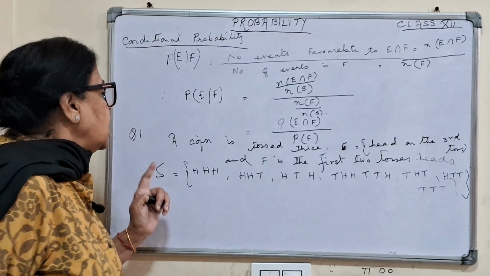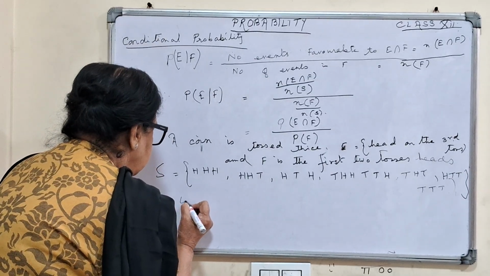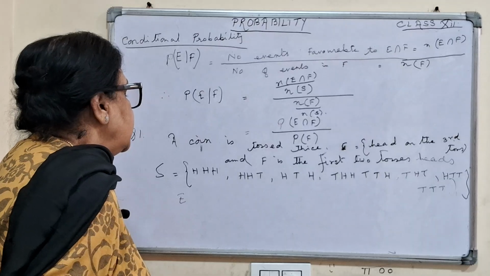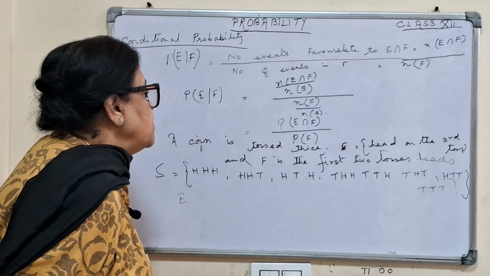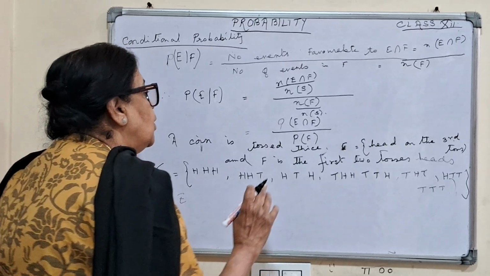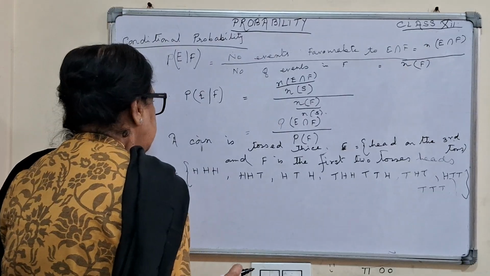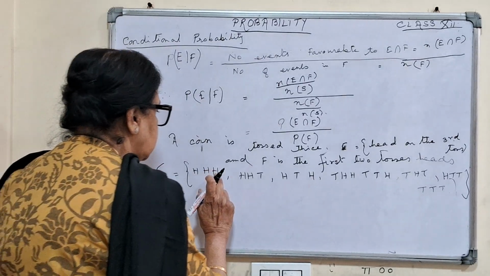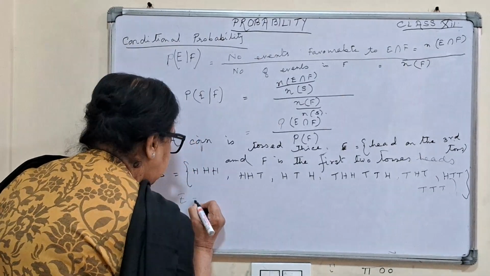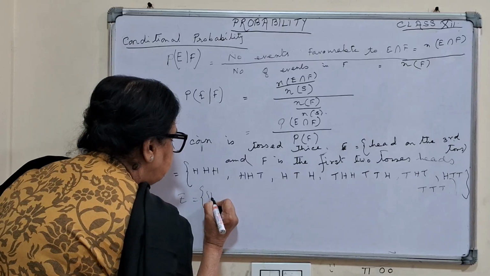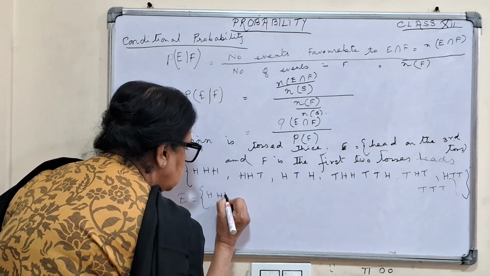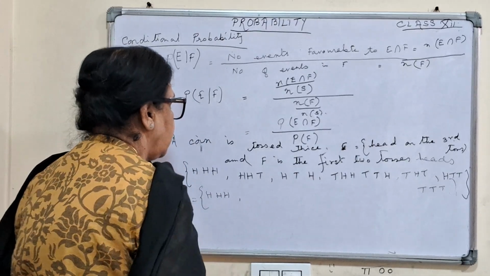E is the event that is head on the third toss. That is HHH, third toss H is there.